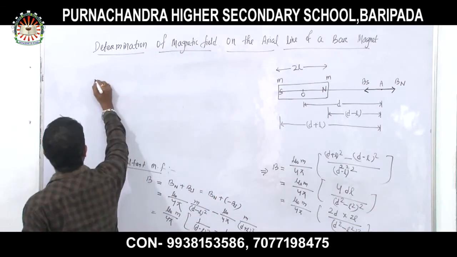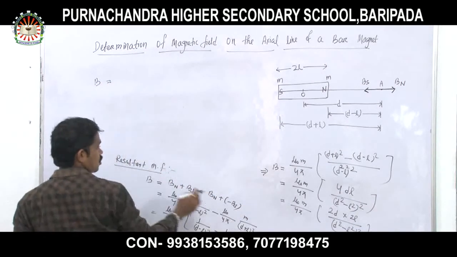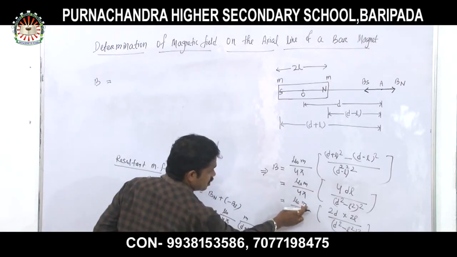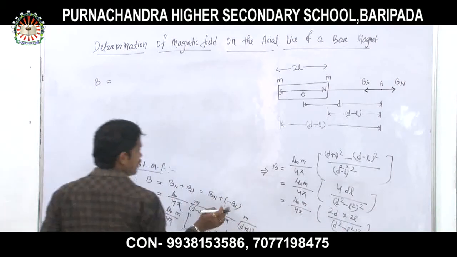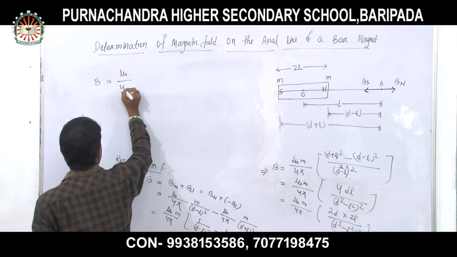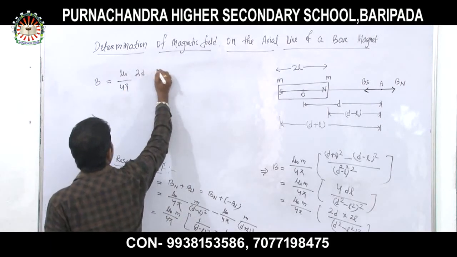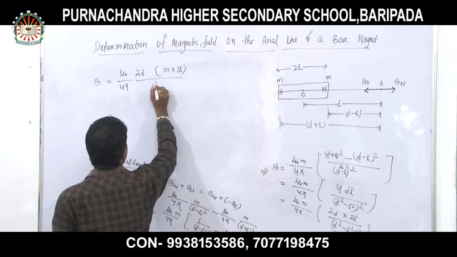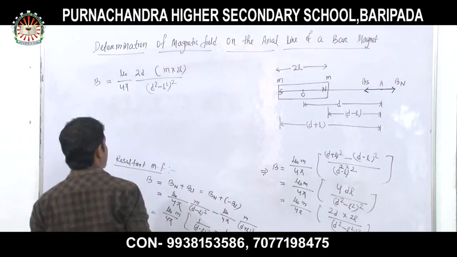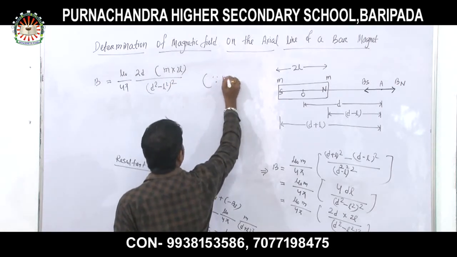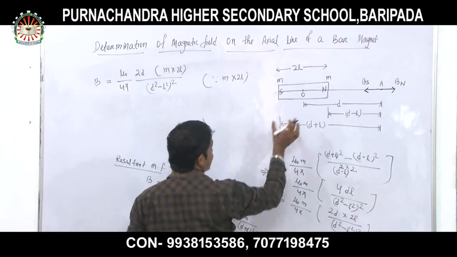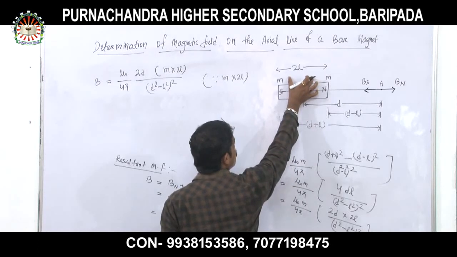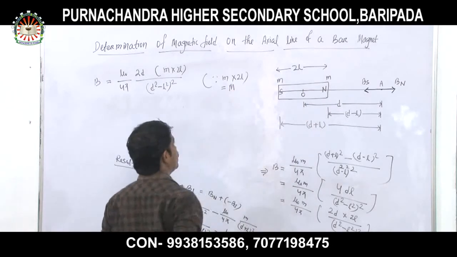Clear? So now the magnetic field B. So all of you look at here, we know that this is magnetic moment. This is the length. So m into 2L. So mu 0 divided by 4 pi 2D, and I will make it m into 2L, divided by D square minus L square whole square. What is m into 2L? You know, magnetic moment: pole strength into the distance between the two poles gives me the magnetic moment m.